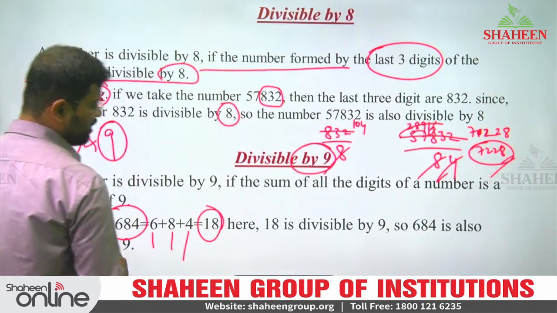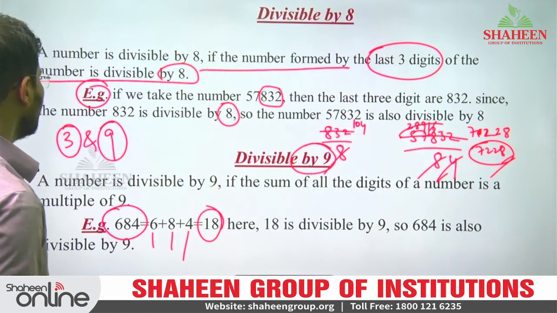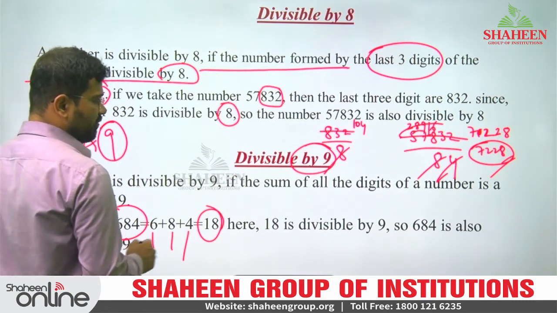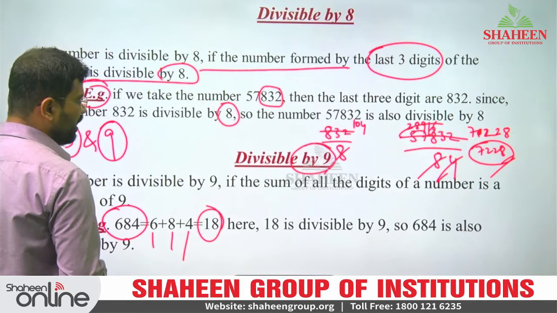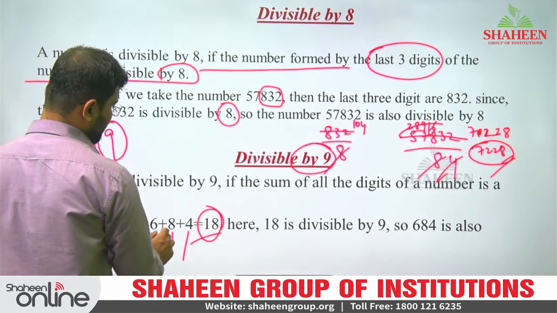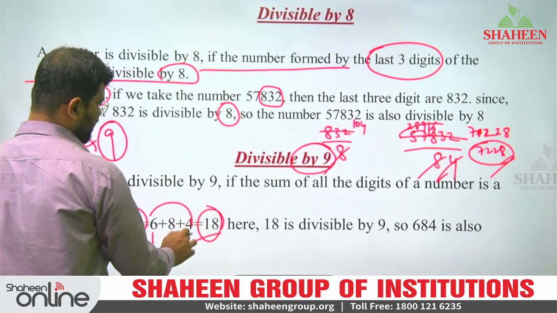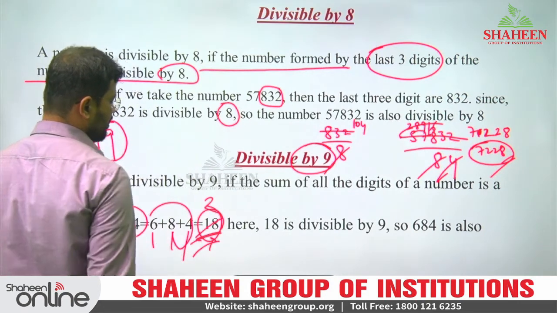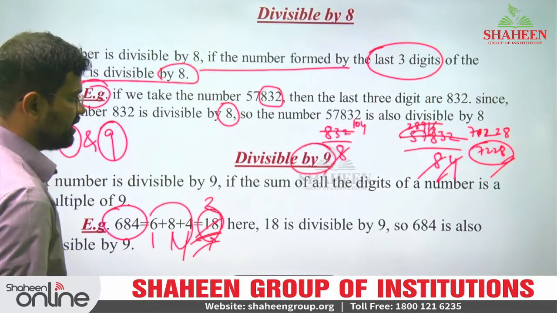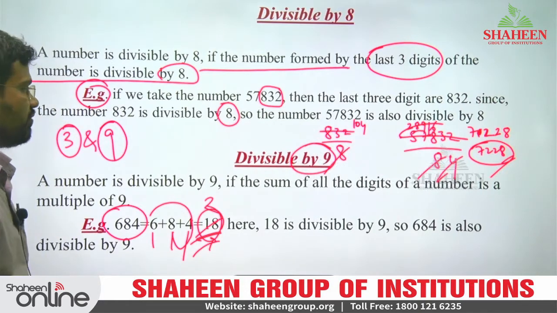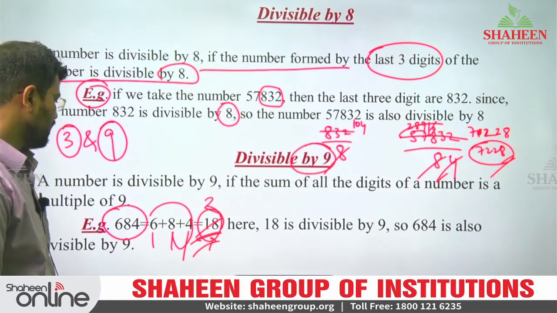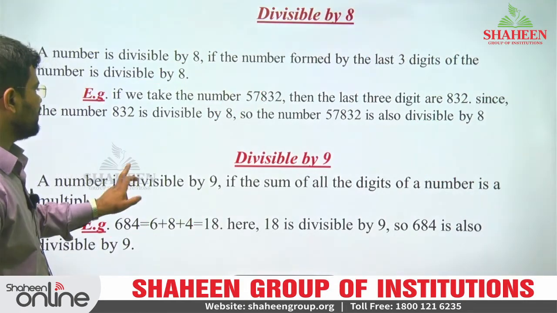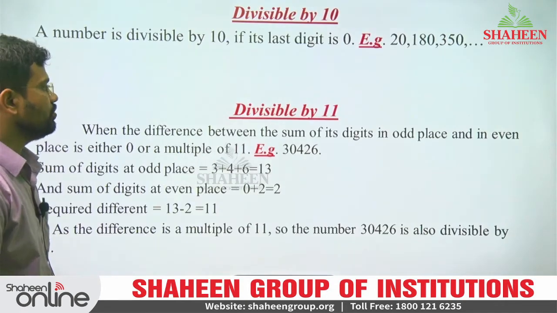If the result is a multiple of 9, then the entire number is divisible by 9. 6 plus 4 is 10, 10 plus 8 is 18. 18 is divisible by 9, since 9 twos are 18. Then of course 684 is also divisible by 9. So yes, friends, let us move on.